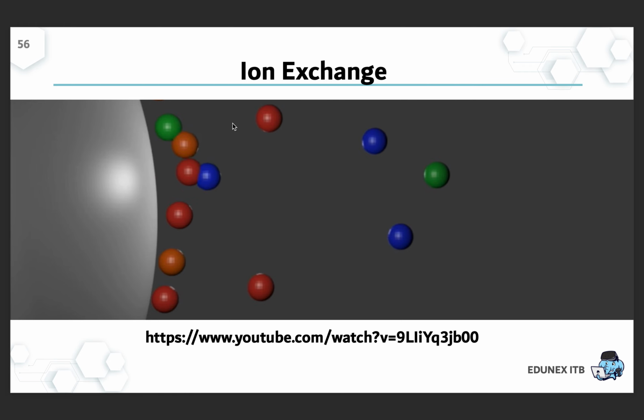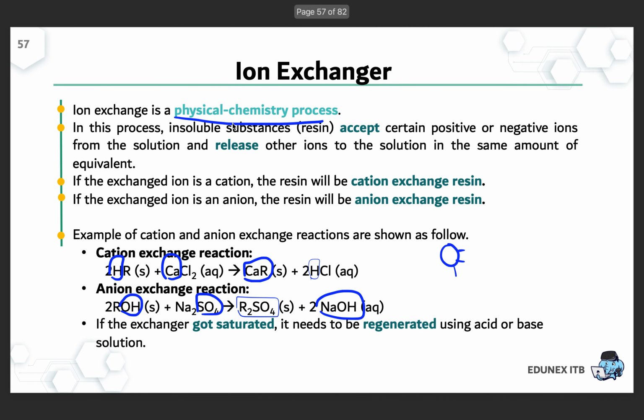Ion exchange is pretty clear just from the name, it is just exchanging ions. We have two types of ions, cation and anion, so we also have two types of ion exchange: cation exchange resin and anion exchange resin.